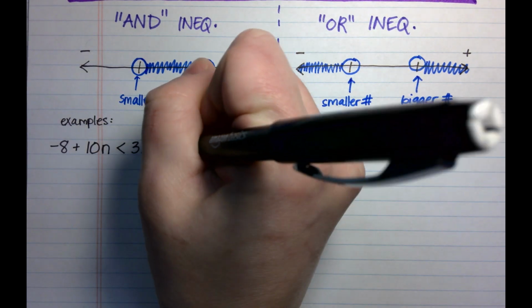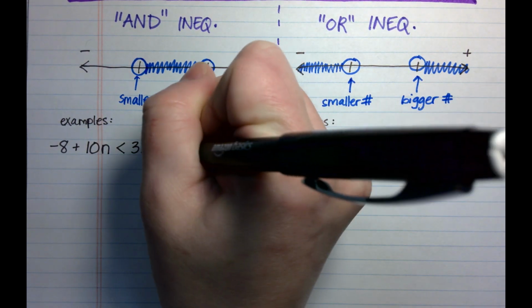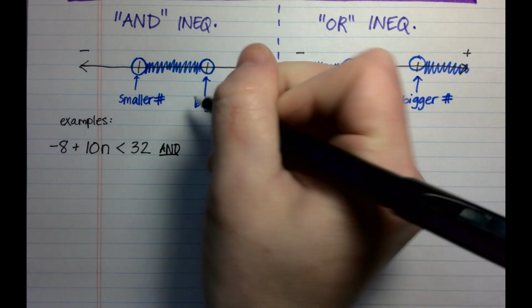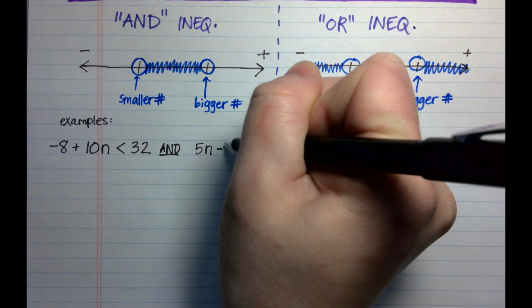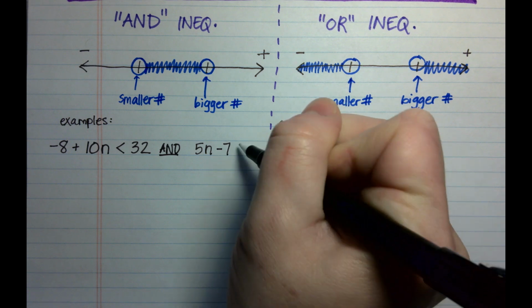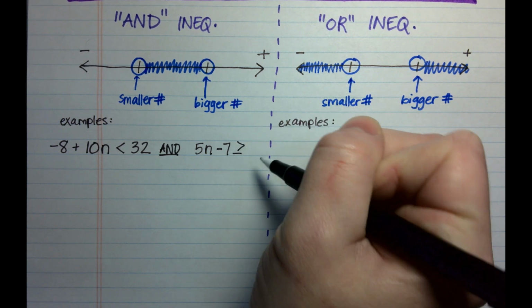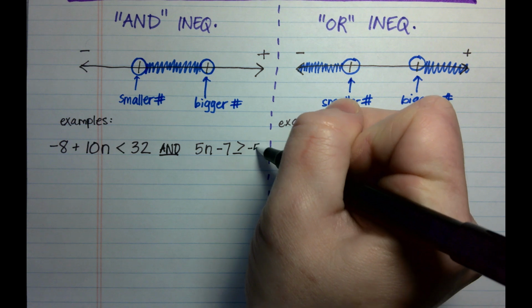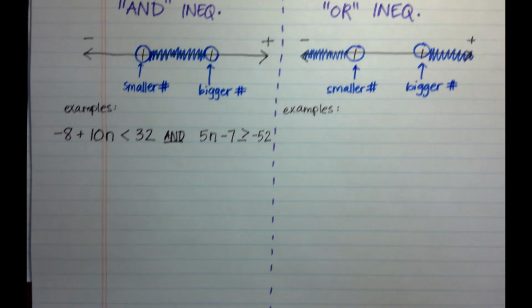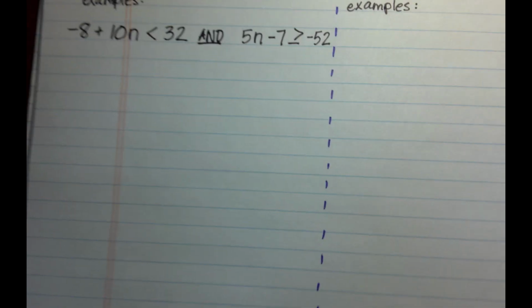And n minus 7 is greater than or equal to negative 52. Okay, let me zoom in on that.